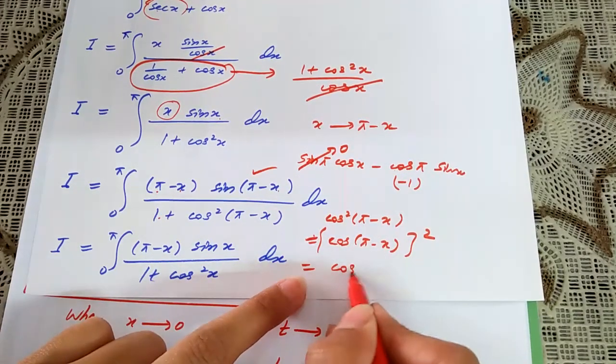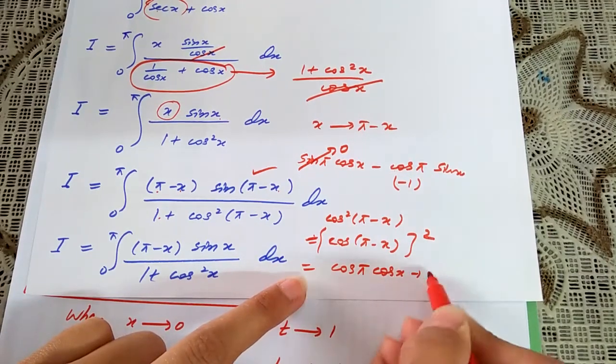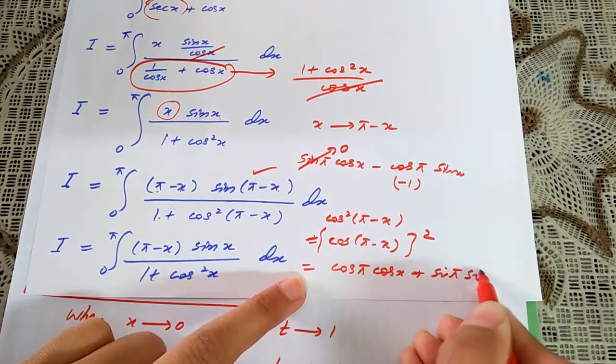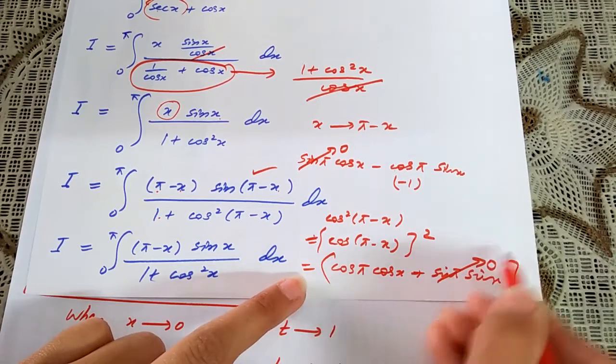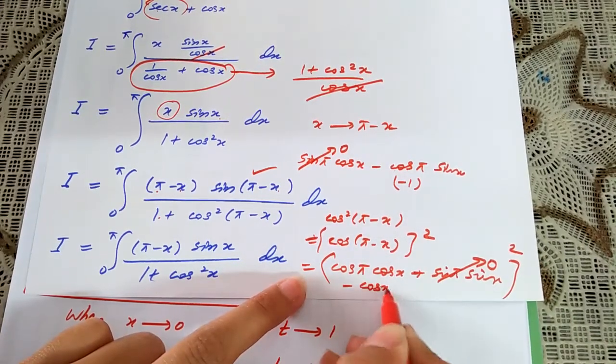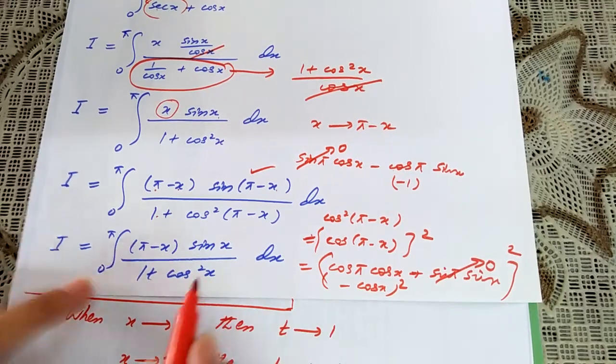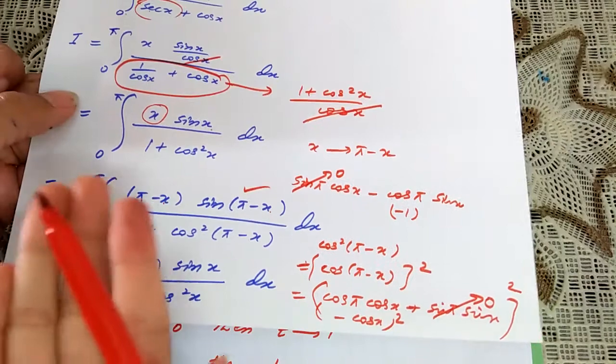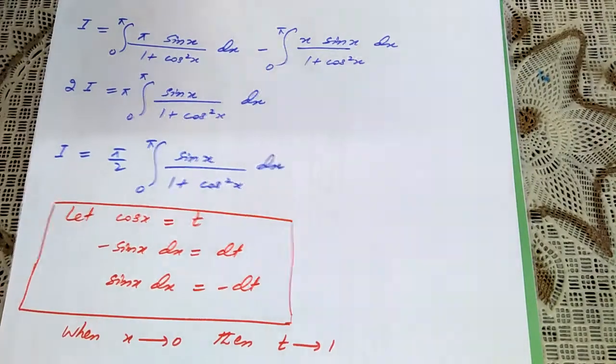This will be equals to cos pi cos x plus sine pi sine of x. This term goes to 0, and here you will get minus cos of x whole square, which is equals to cos square of x. This is the same thing we did right now in the previous question.